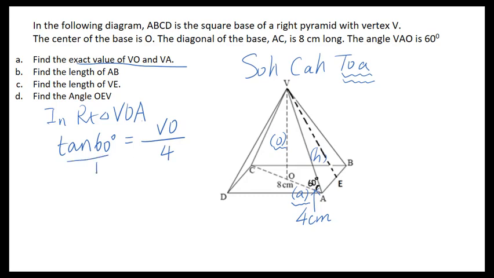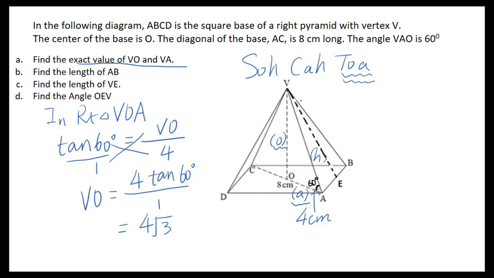Then cross multiply. The same line with the variable goes to the denominator. So you get VO over 1 equals 4 times tangent 60 degrees. Tangent 60 degrees is square root of 3. So your answer is 4 square root of 3.